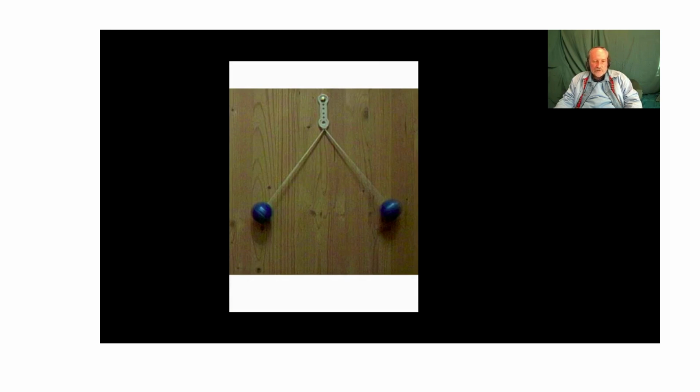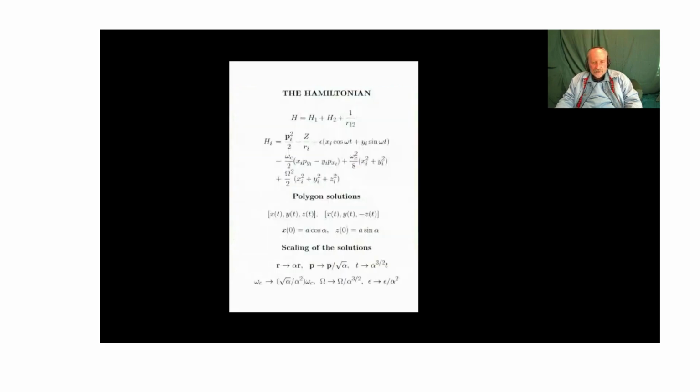If you look at this toy, you know how it works. The balls are simply bouncing up and down. You make a hand motion up and down in the middle of the string, and the balls go to collisions. That's why I call them Hamiltonian scales: if you scale the size, you scale the frequencies.